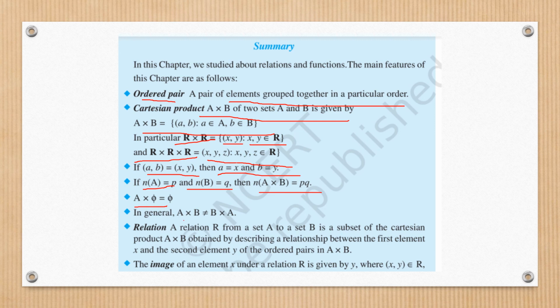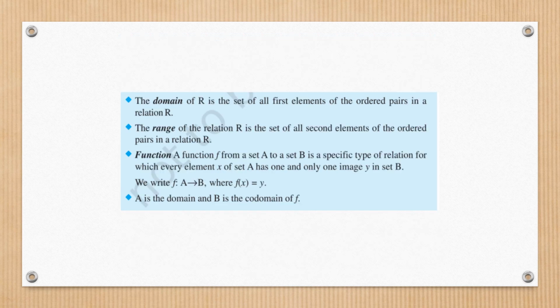In general, A cross B is not equal to B cross A. A relation R from set A to B is a subset of the Cartesian product A cross B and is obtained by describing the relationship between the first element x and the second element y of the ordered pair in A cross B. The image of an element x under relation R is given by y where (x, y) belongs to R. The domain of R is the set of all first elements of the ordered pairs in R, and the range of R is the set of all second elements of the ordered pairs in R.